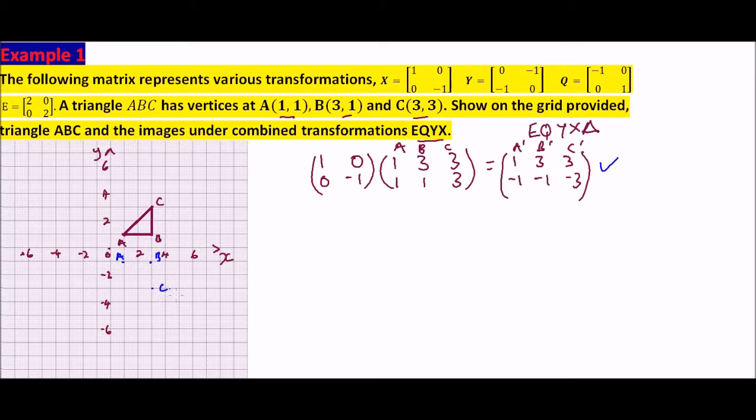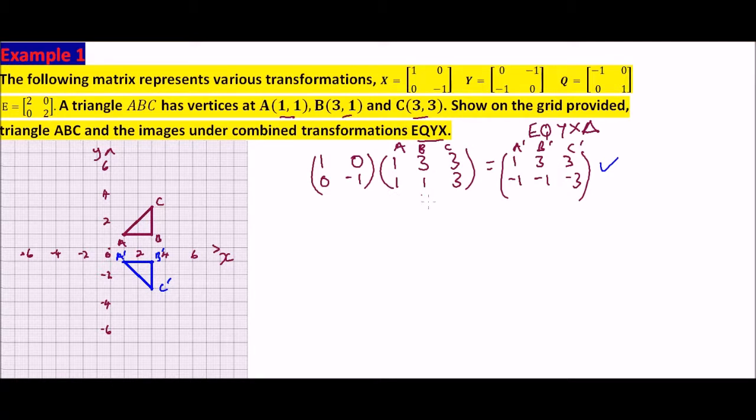That is our place for C. So we join these three points to come up with our first image, triangle A'B'C', which you can clearly see is a reflection in the x-axis, or y equals 0.